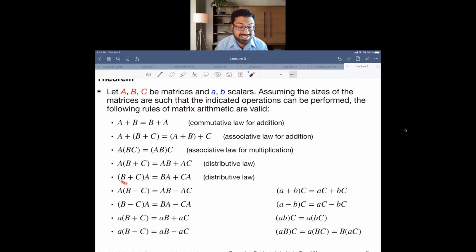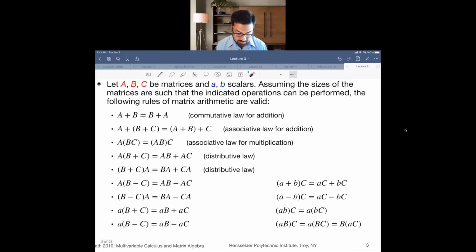You can add B and C first and then do a matrix multiplication with A, which is going to result in BA plus CA. So distributive law again. But with this, you are adding A as your second matrix. Over here, you are adding first. So those are valid matrix operations.